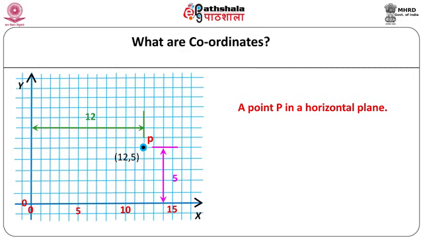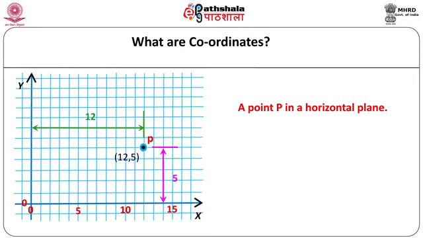It is not necessary to mention that it is at a distance of 13 units from O. The reference lines OX and OY chosen by us are known as coordinate axes and the distances 12 and 5 are known as coordinates of the point P. Thus, the coordinates of point P will be x equal to 12 and y equal to 5.